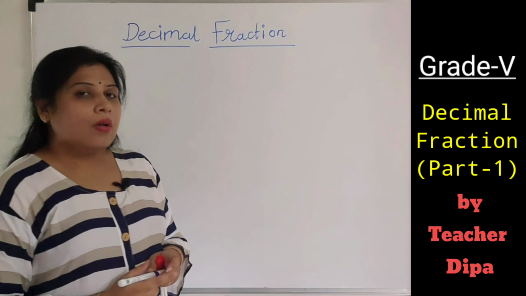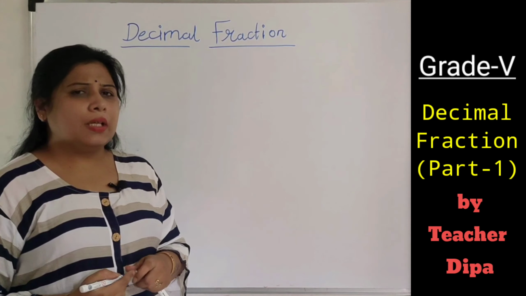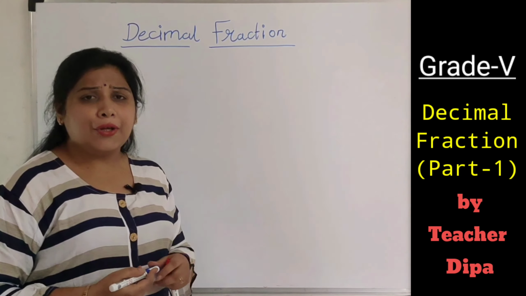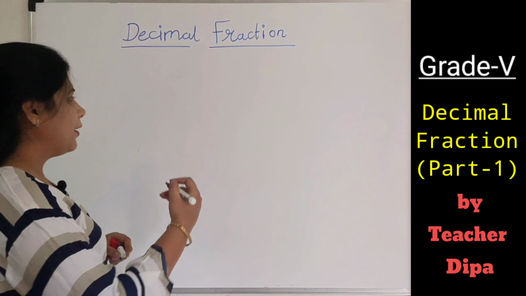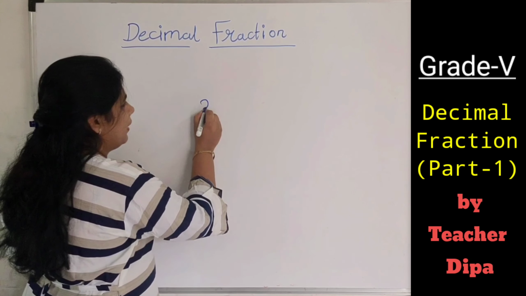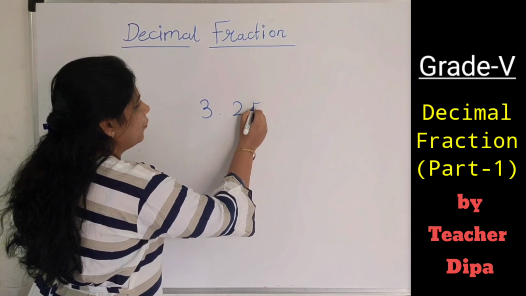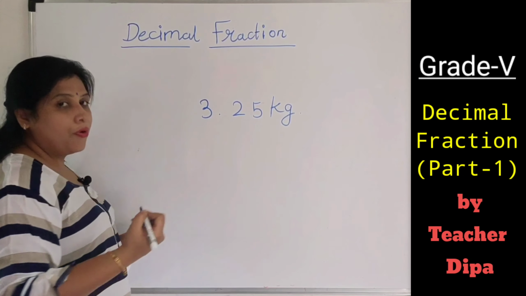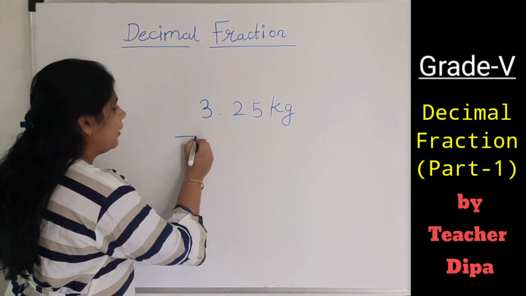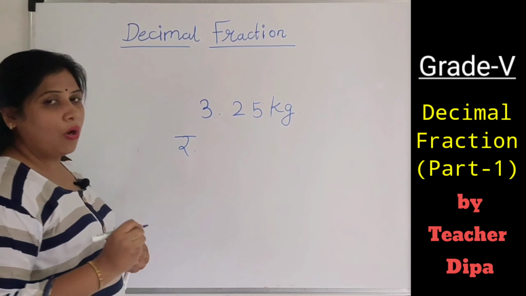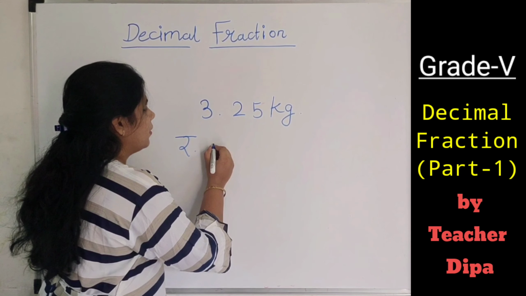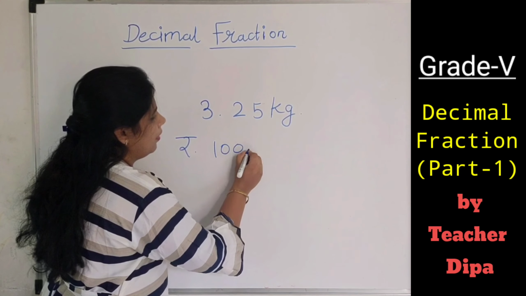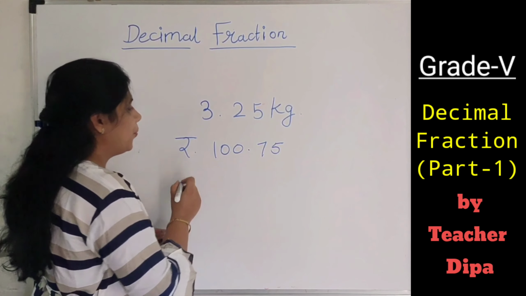Children, if we buy something or we take the weight of anything, we can write it in this form, like 3.25 kg. Or if you are buying something, you will write the amount of that material, like 175 rupees.